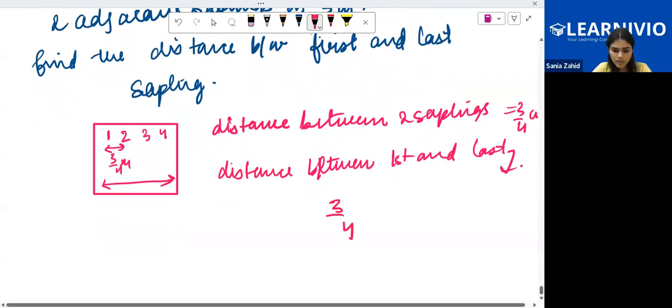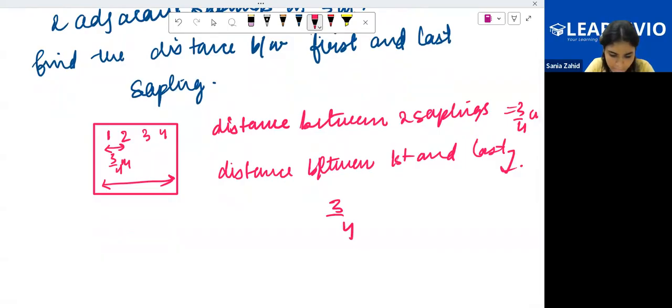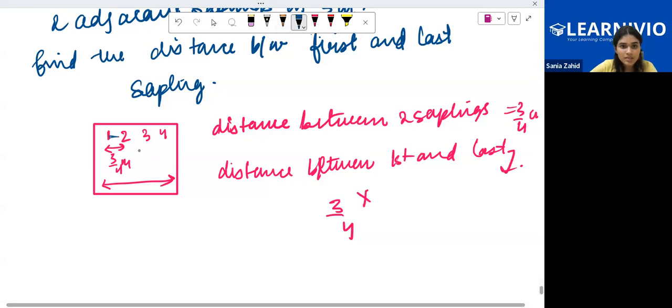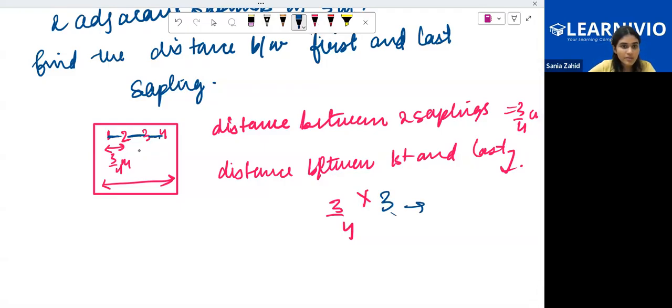Into 4. Ma'am, we can simplify 3 by 4. 4 ones are 4, so it will be 3 meters. 3 by 4 into 4. Are you sure? See, this is one distance, this is the second distance, and this is the third distance. So you'll multiply 3 by 4 with 3. Okay. So your answer will be 9 by 4.